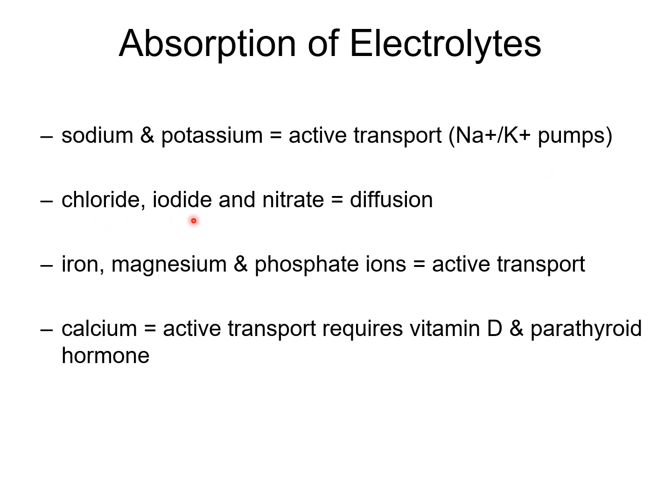Chloride, iodide, we've seen iodide needed for thyroxine production, and nitrate, all enter absorptive cells by diffusion. Iron, magnesium, phosphate, and calcium require active transport, so we are spending ATP to move iron, magnesium, phosphate, and calcium into the absorptive cell.